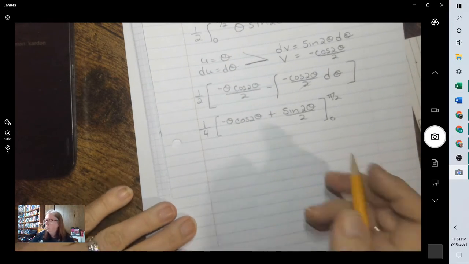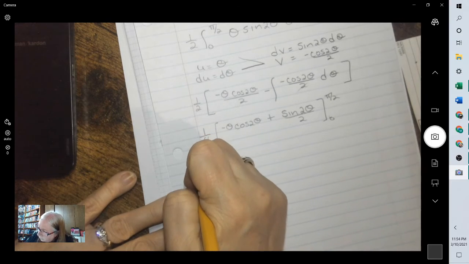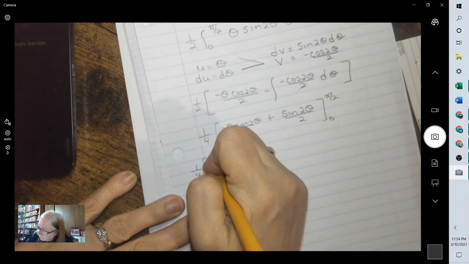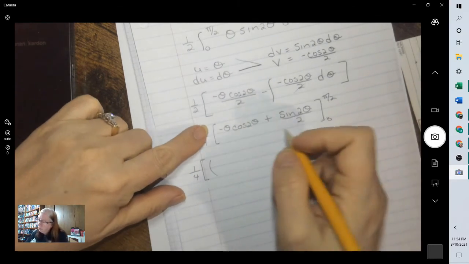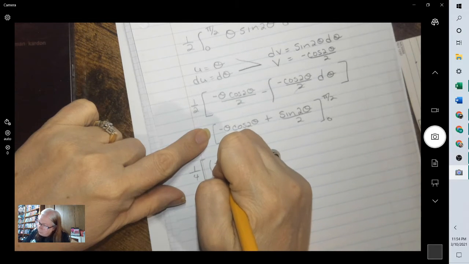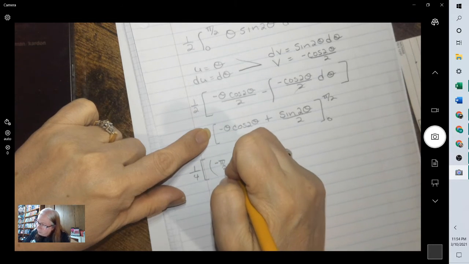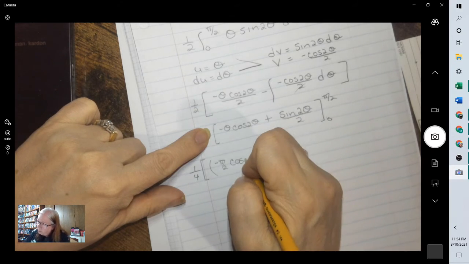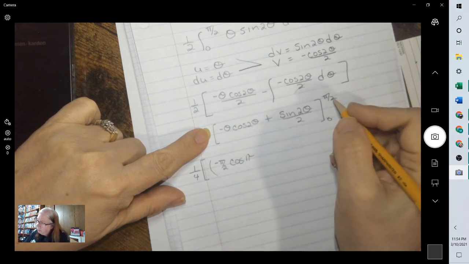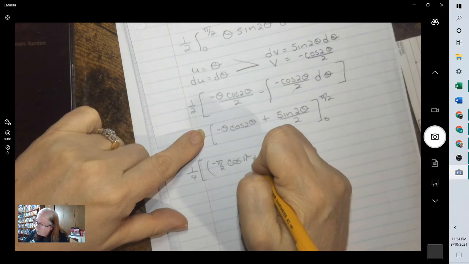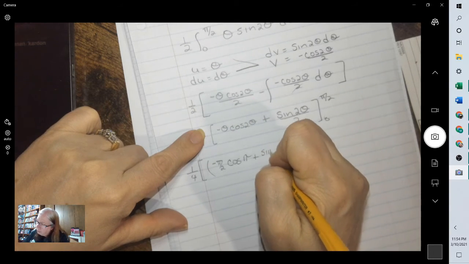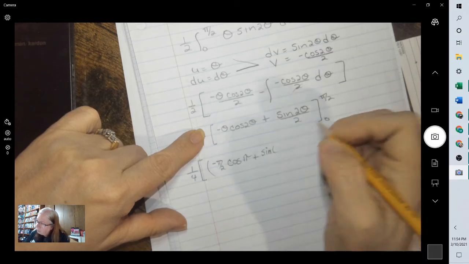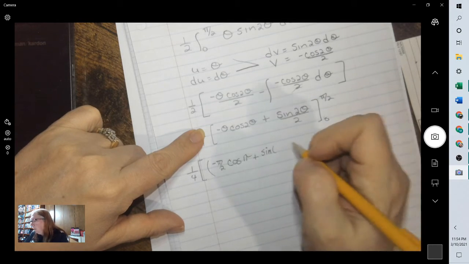Now we want to plug in our pi over 2. So we have 1/4, plugging in the top, negative pi over 2 cosine, and when we plug in pi over 2 times 2, we get pi. And then plugging into the second one, we have the sine. 2 times pi over 2 is pi.